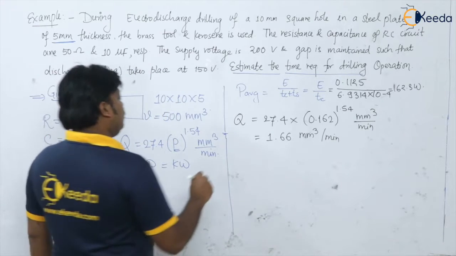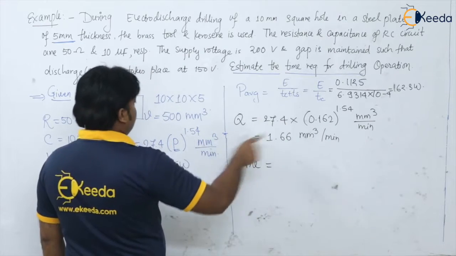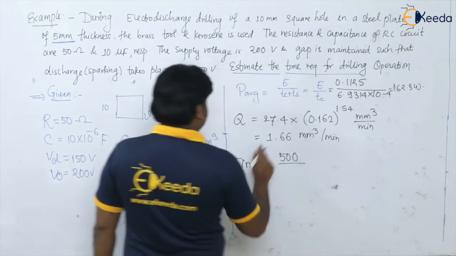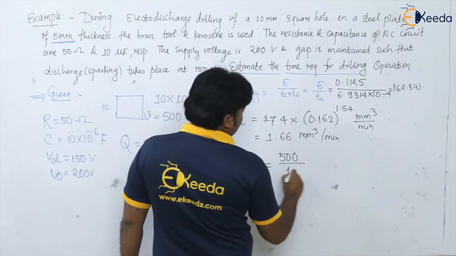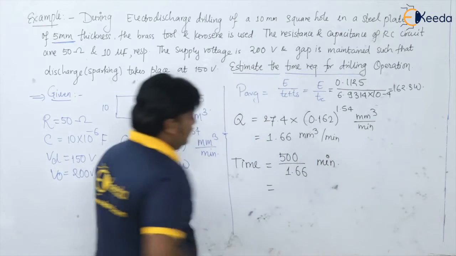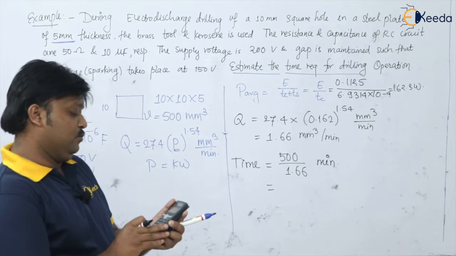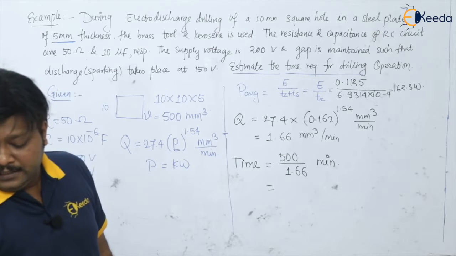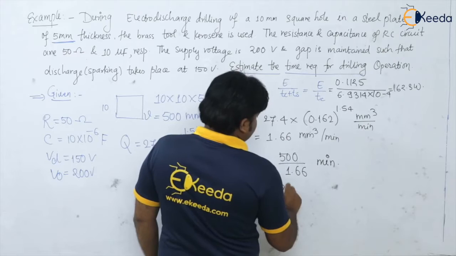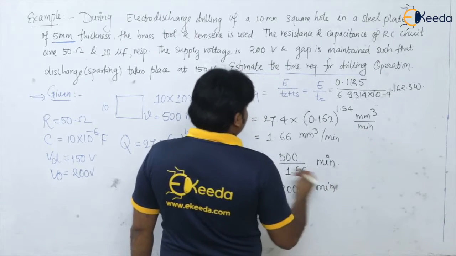And to find out the time, we know the material removed from the work surface on plate, that is 500, divided by the material removal rate per unit time, that is 1.66. This will be in minutes. So 500 divided by 1.66 is 300.9 minutes, or 301 minutes.